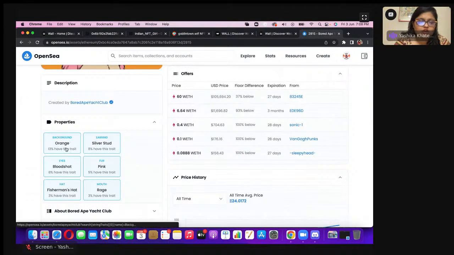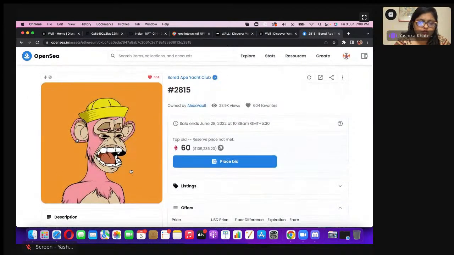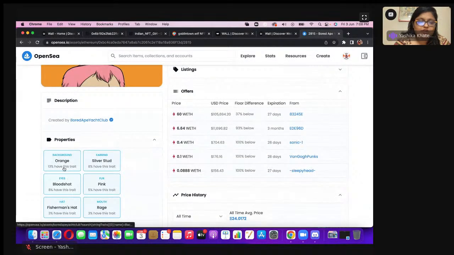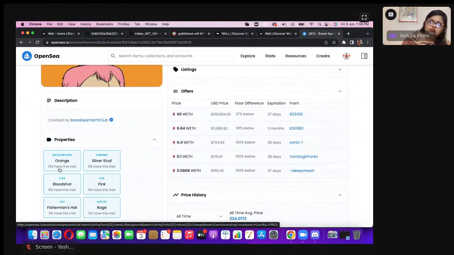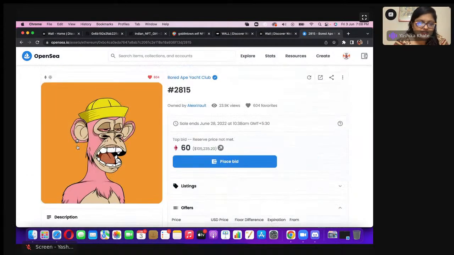The background is orange color. Okay, I can see that the background is orange. And then you can see that only 13% of the entire 10,000 collection has orange color, which means out of 10,000 NFTs, 1,300 NFTs have orange color background. And then silver stud. Okay, I can see there's a silver stud here.